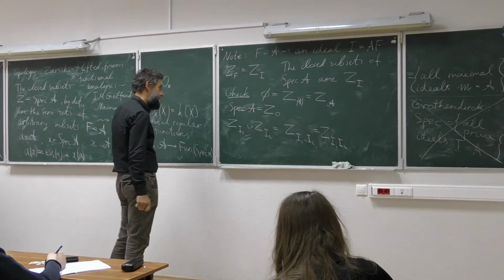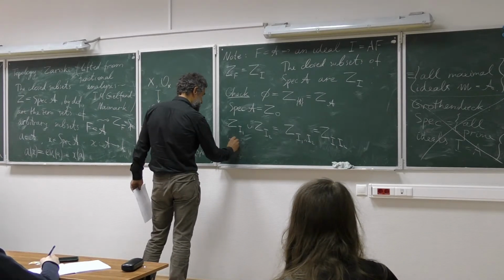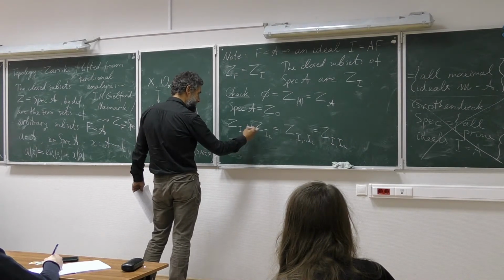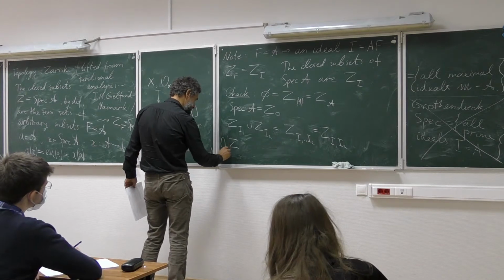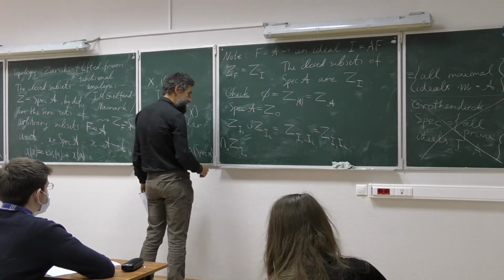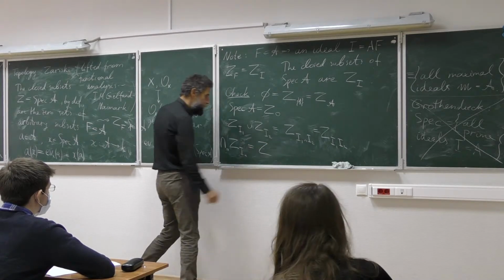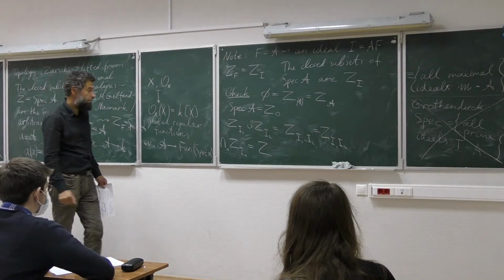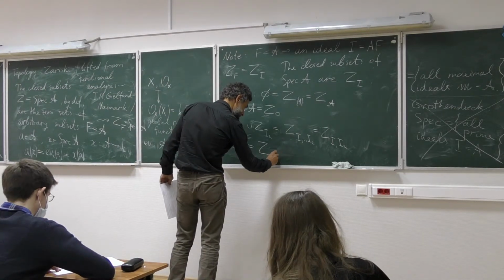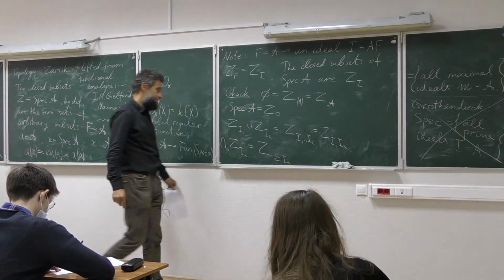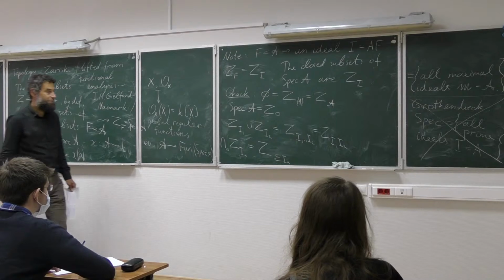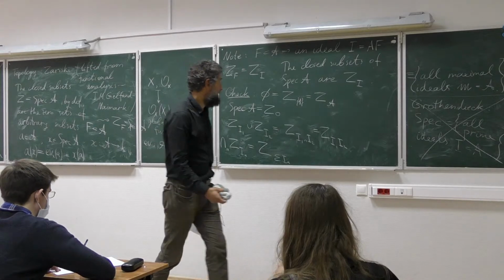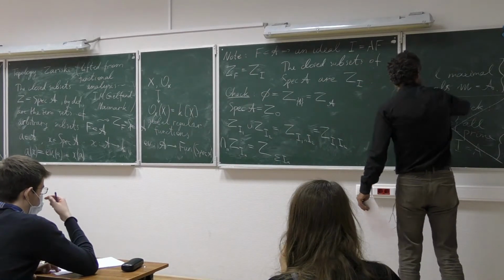Okay, and if I want to take the intersection, but now the intersection may be already infinite, so intersect over some set of indices, I alpha, then what is this? Yeah, like this. Okay, so the basic axioms work, and this is our topology.